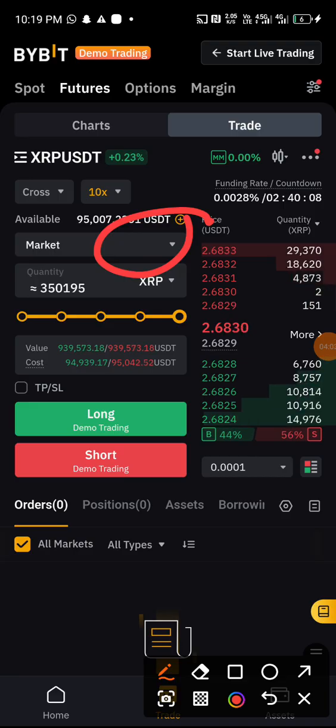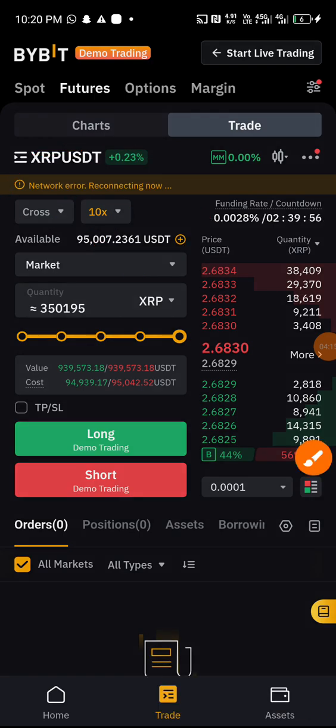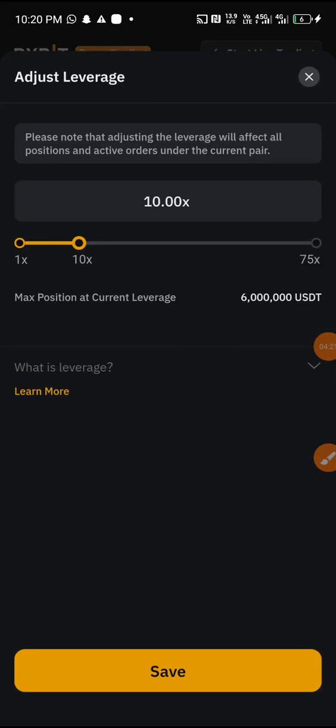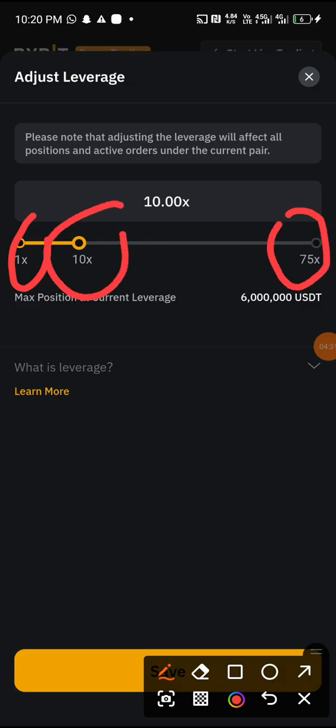All right, so here is what we're talking about. This is cross, and this is the leverage. You can see the cross, and here is the leverage. So trading XRP here, you can leverage from 1x, 10x, up to 750x.